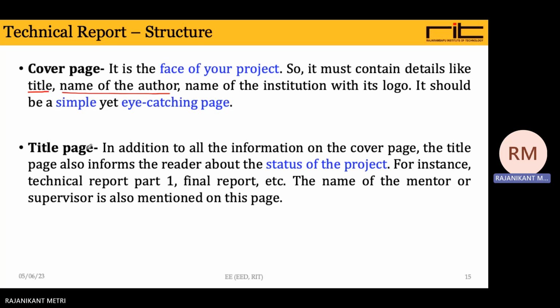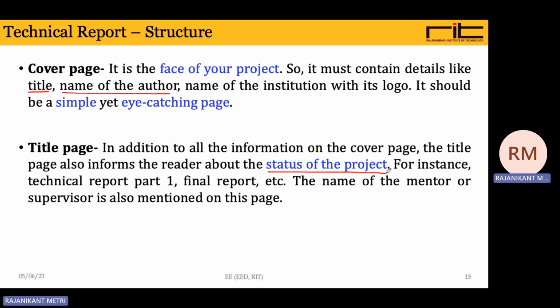Then the title page. Sometimes the title page and cover page are called the same, but in addition to all the information of the cover page, the title page also informs readers about the status of the project. That means whether it is fully completed or partially completed, you can put that in the title page.